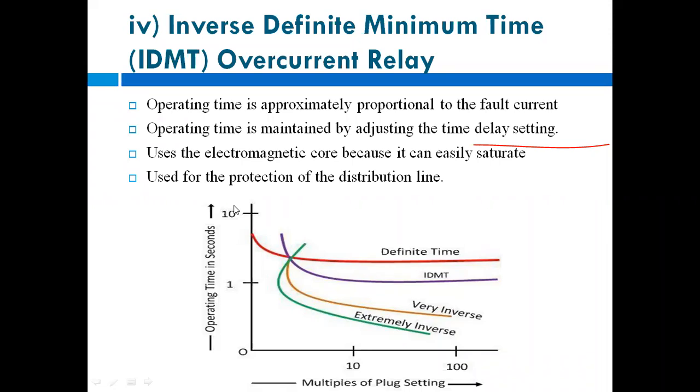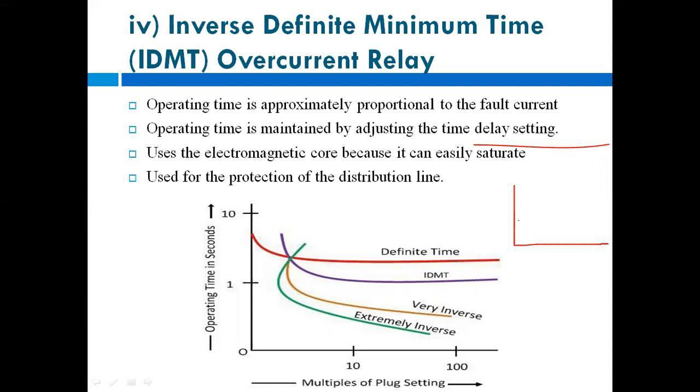But this electromagnetic material has a property that when the core gets saturated, after that if you increase the value of current, the flux will not increase, meaning the flux remains constant. That is called the BH curve.